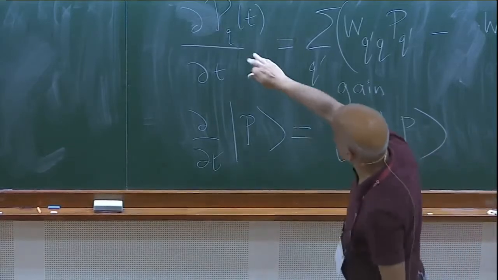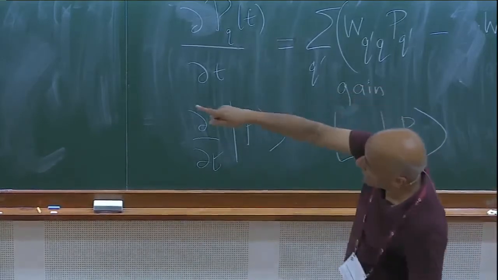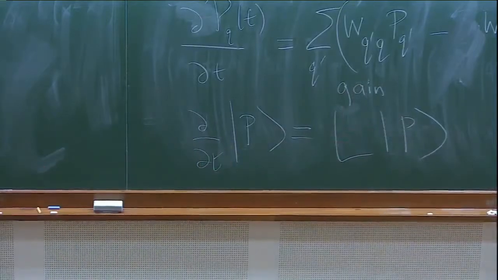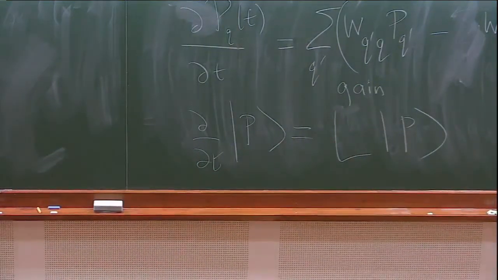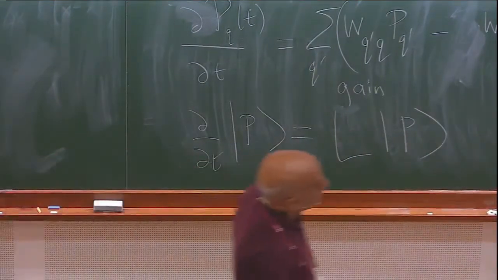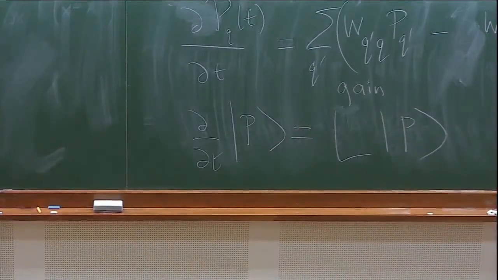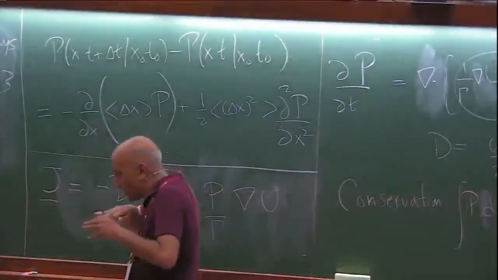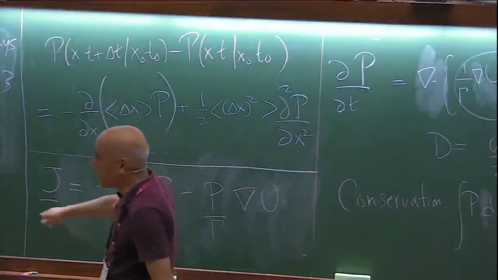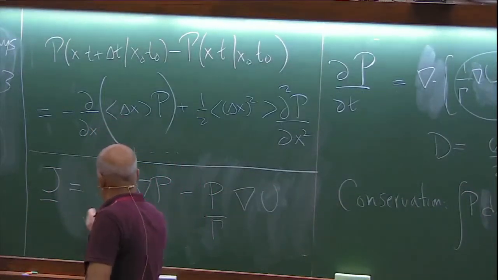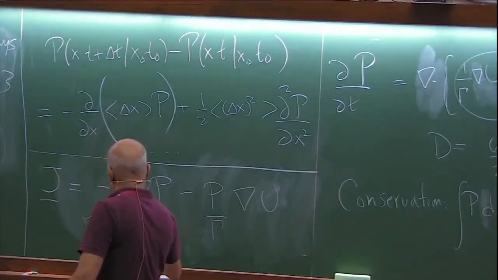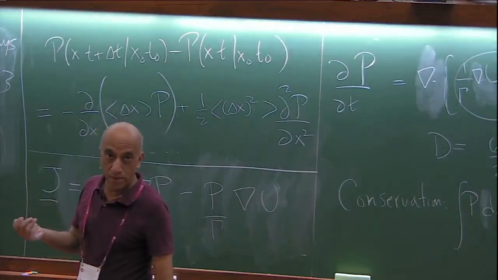You can see that in general, having a steady state here, just as in general for a steady state in a spatial kind of system, steady state only requires divergence of J to be 0, not J to be 0.